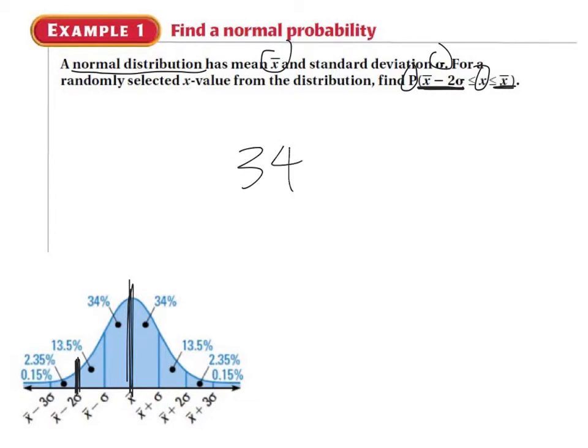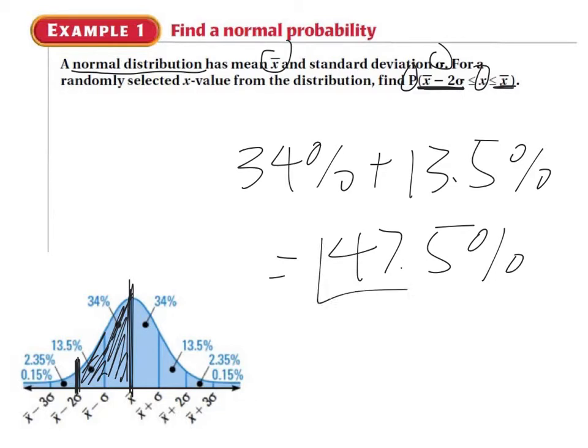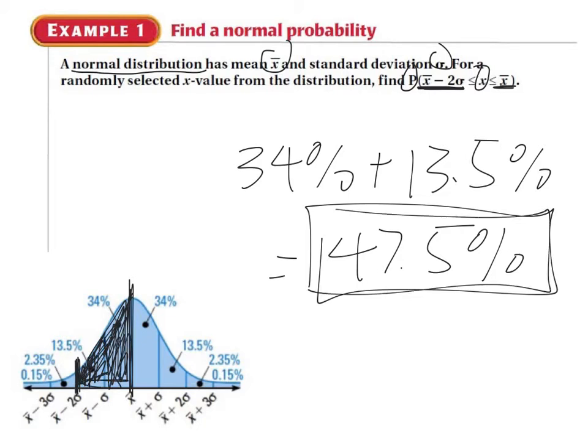We just have to do 34%, which is the 1 deviation down, plus the 13.5%, which is the next deviation down, which is equal to 47.5%. That's our answer, which means in this normal distribution, the chance that we find an x that is between the average and 2 standard deviations down is 47.5%. So it's almost about half the chance that the number we randomly choose will be in that region.